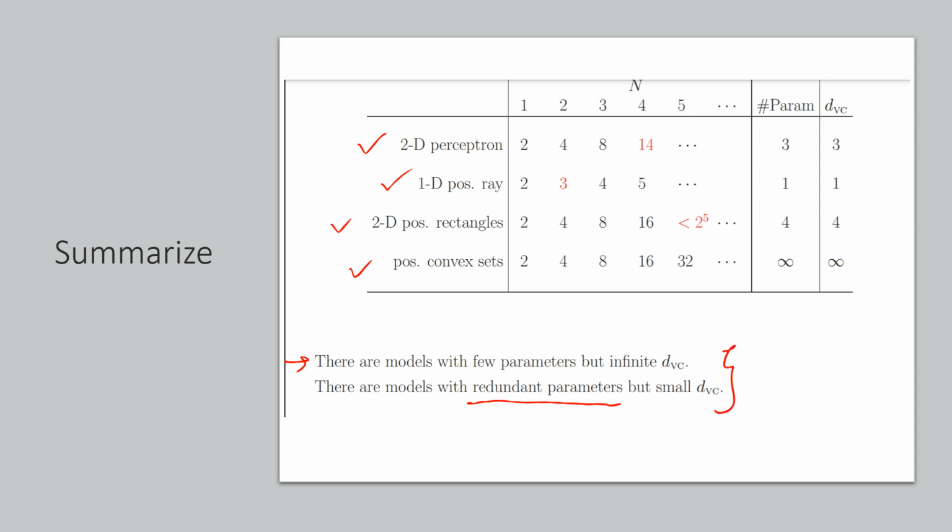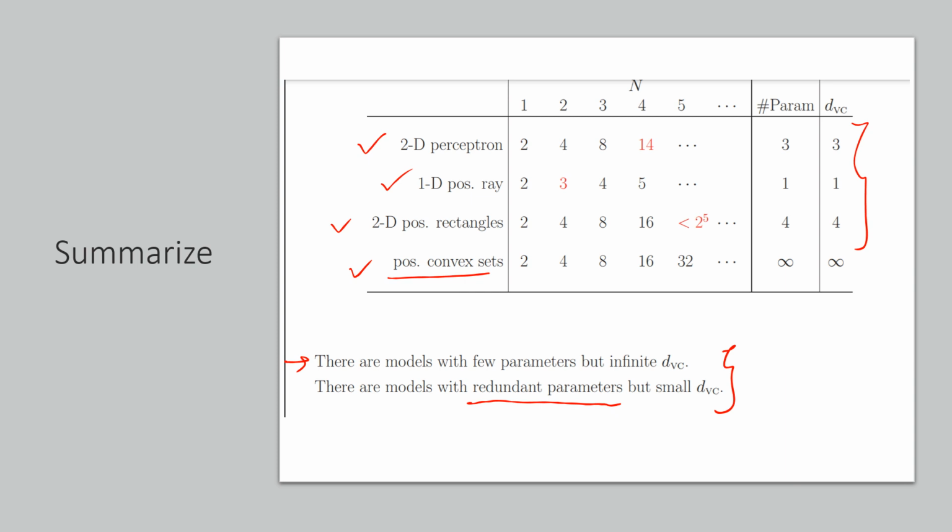This was established earlier, that there isn't necessarily a relationship as such, but we found that relationship in some simpler hypothesis sets like the 2D perceptron, the 1D positive ray, and the 2D positive rectangles. We also found in the positive convex sets that the VC dimension and the number of parameters could go to infinity because we could arrange all the values on a circle and then shatter them.